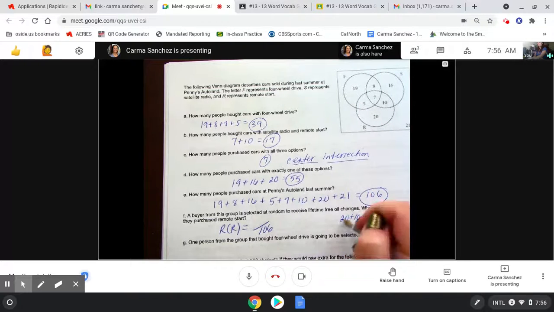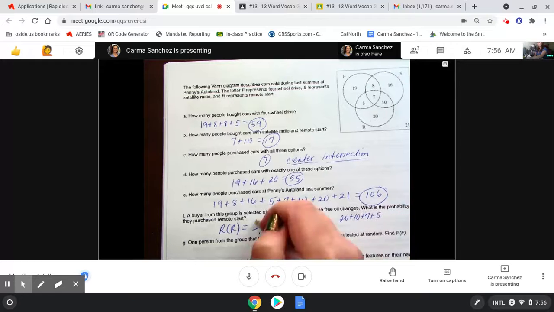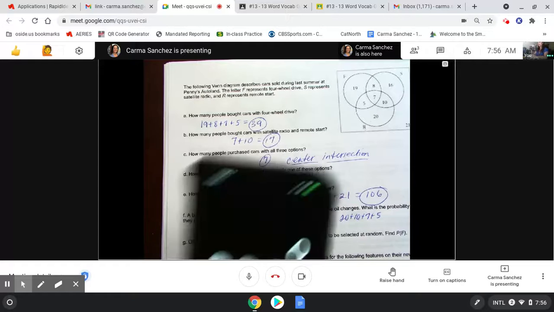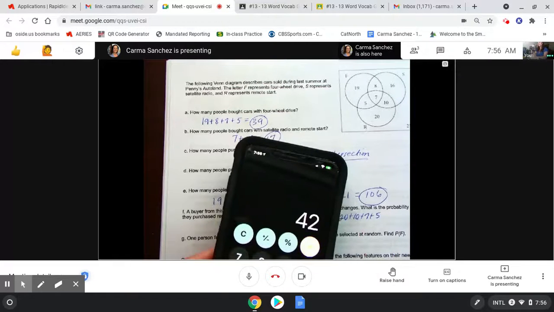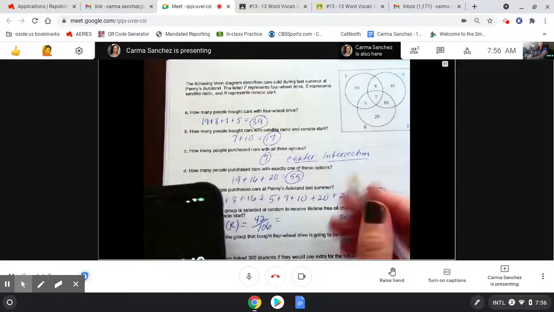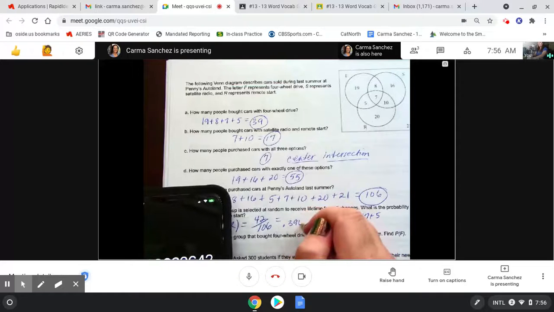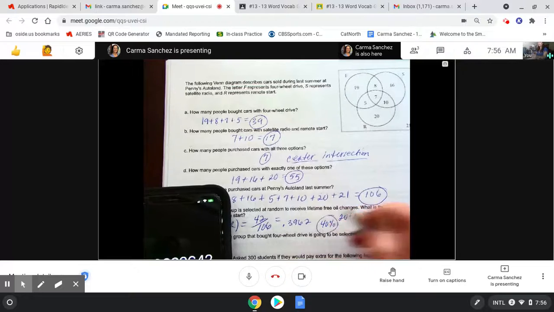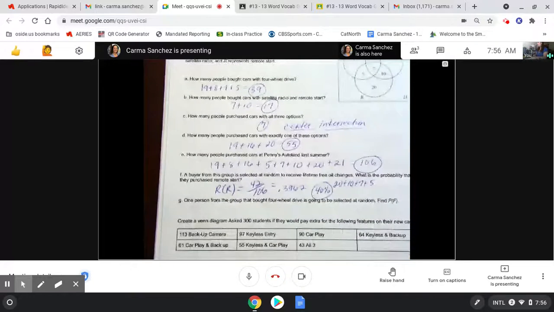So 30, 42. So we're going to say 42 out of 106 is 0.3962. So this rounds to about a 40% chance that they got remote start.